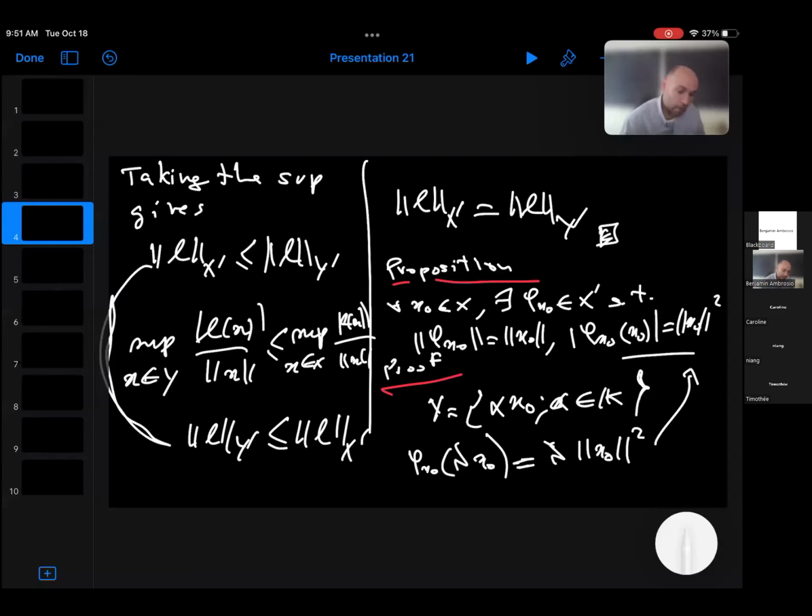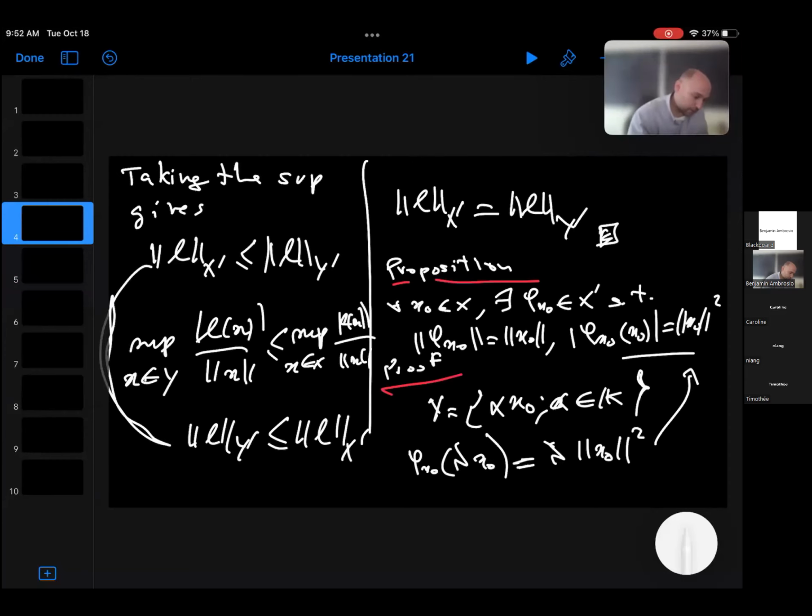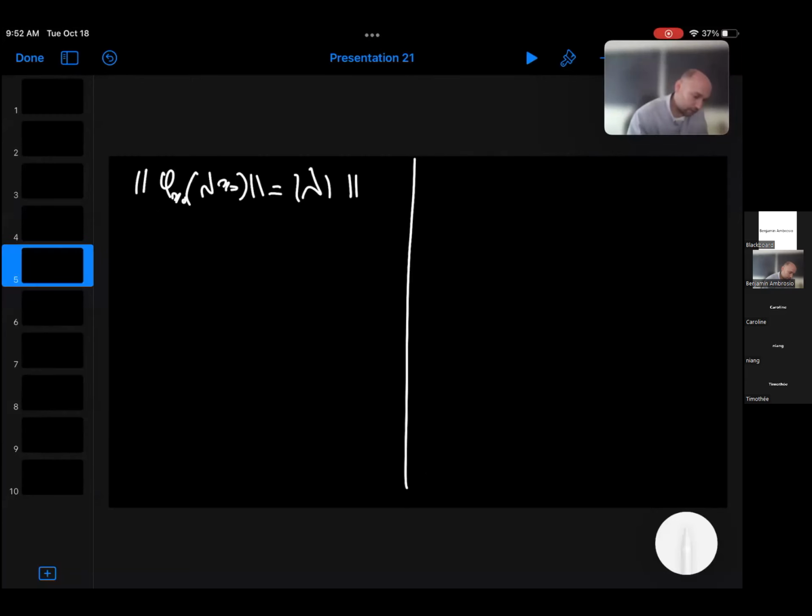All right. So now I can apply the Hahn-Banach theorem, but first, what I have is that if I look at now the norm of phi node of lambda x node, by definition, this is lambda times the norm of x squared.